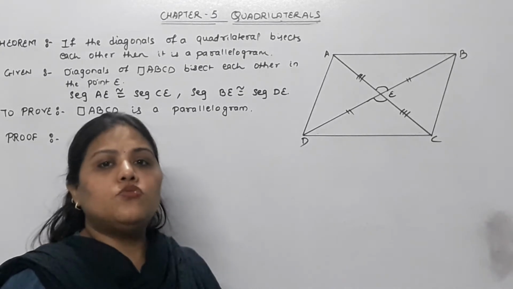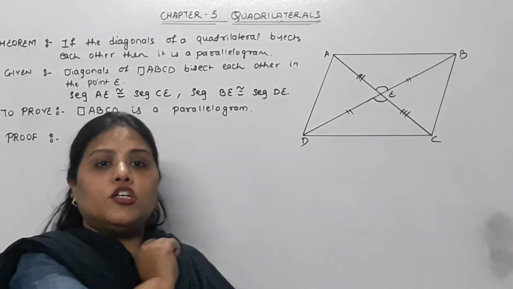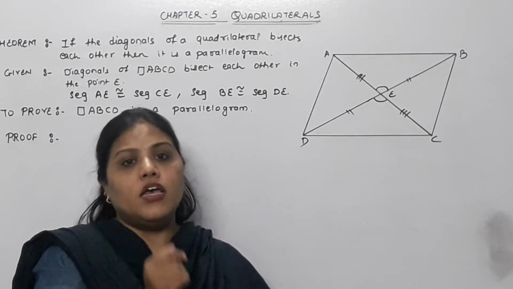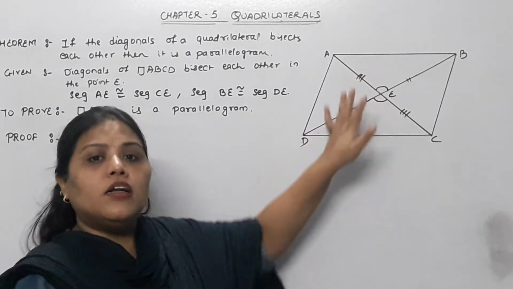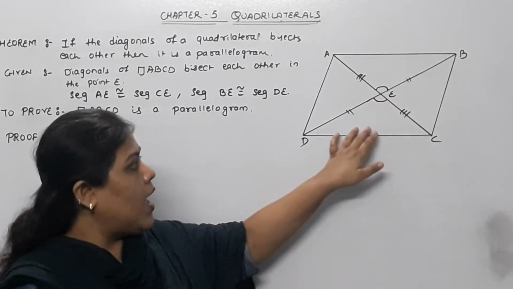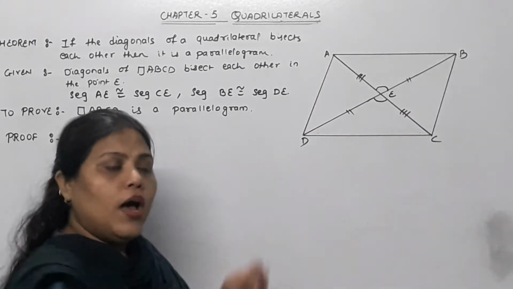Right? Once these two triangles are congruent, then the corresponding angles of congruent triangles will also be congruent. Right? So with the help of the alternate angle test for parallel lines, we can say that quadrilateral ABCD is a parallelogram. So have a look at the proof.